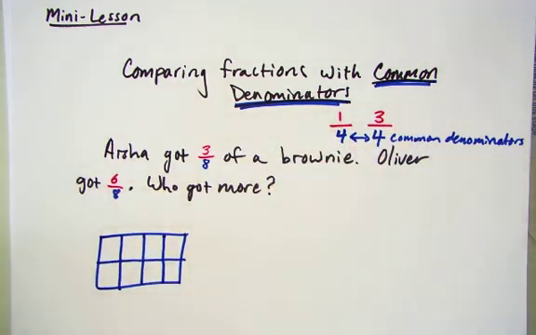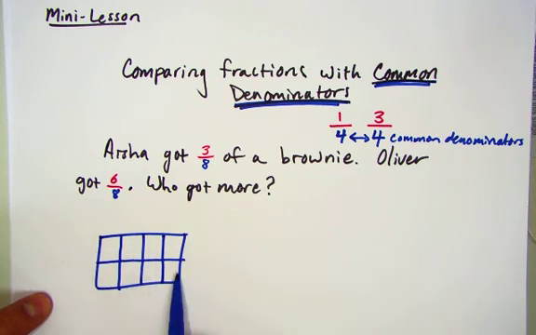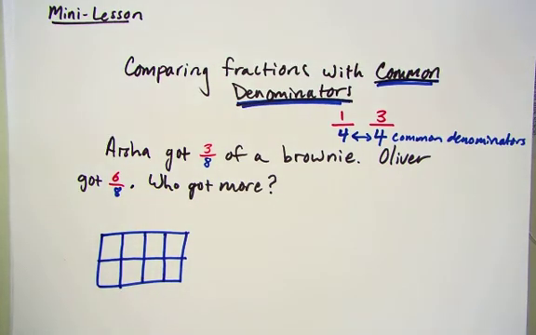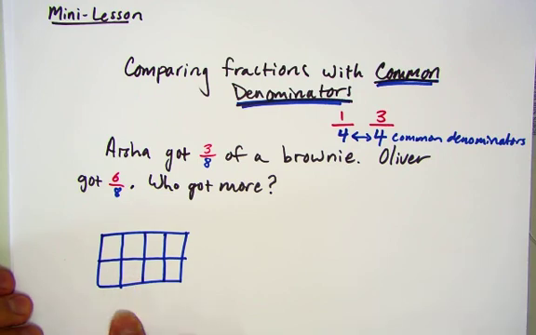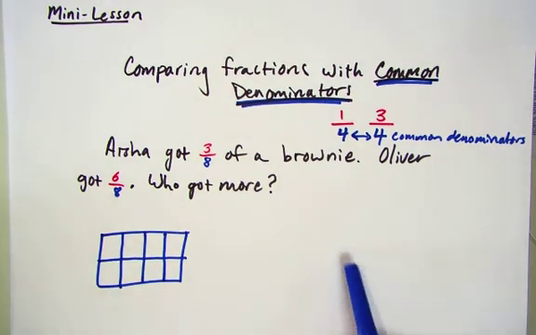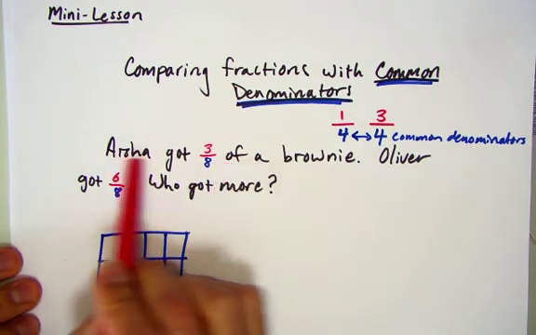Okay, there's my brownie. I have 1, 2, 3, 4, 5, 6, 7, 8 different parts, 8 equal parts. Now I'll draw Aisha's brownie right here, and Oliver's brownie right here. But we could use the same brownie if we wanted to. Let's shade in what Aisha got.